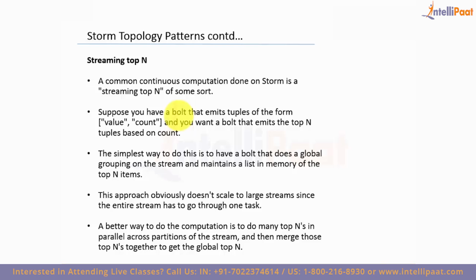A common continuous computation done on Storm is a streaming top N of some sort. Suppose I have a bolt that emits tuples of the form value and count. Now we are heading in the direction of the trend setting. And we want a bolt that emits the top N tuples based on the count.